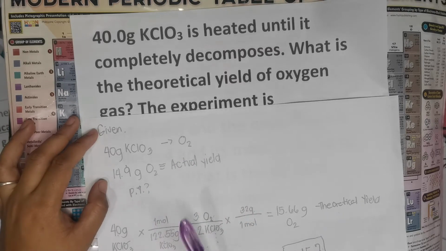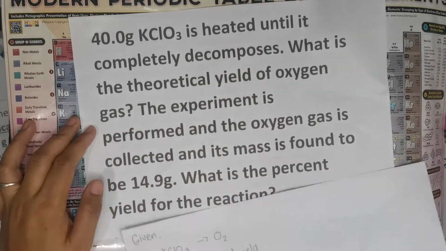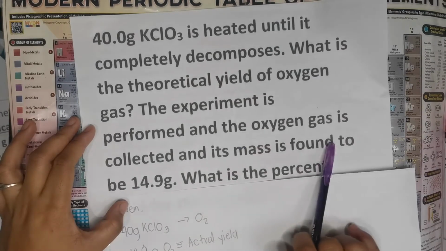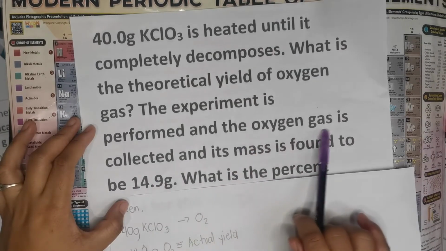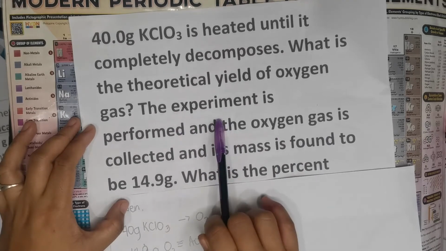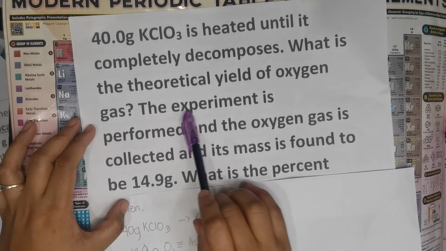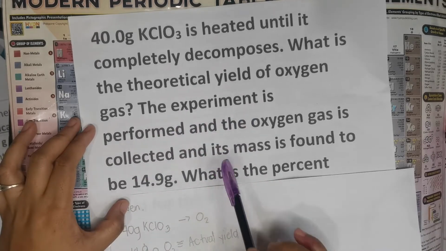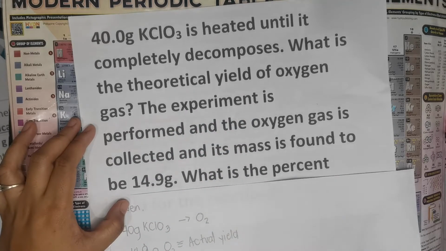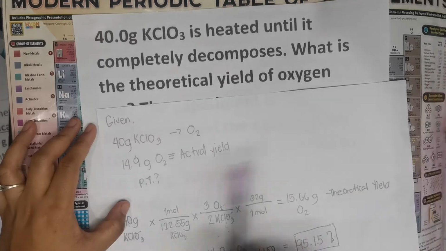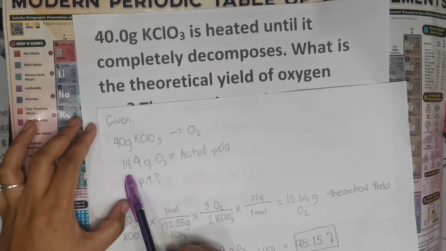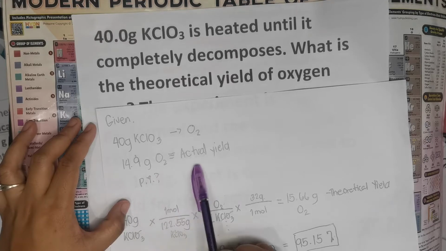Then for this, may binigay siyang isang given na meron daw siyang na-collect na mass doon sa experiment niya na na-perform, which is the 14.9 grams. So, from the word experiment perform, it represents the actual yield. So, automatically nabigay na si actual yield, which is 14.9 grams of oxygen gas.